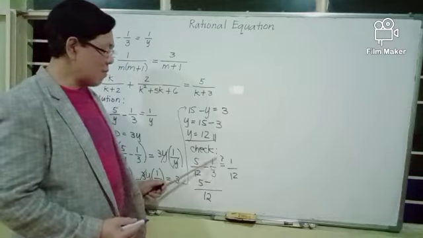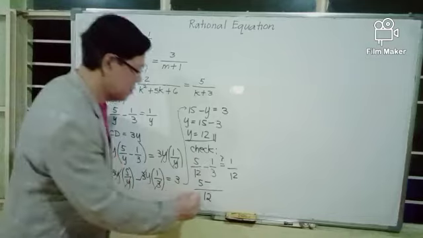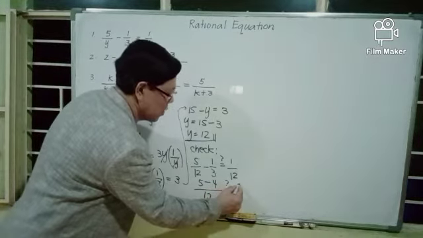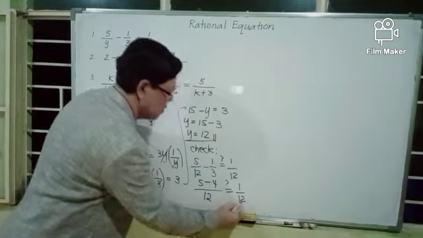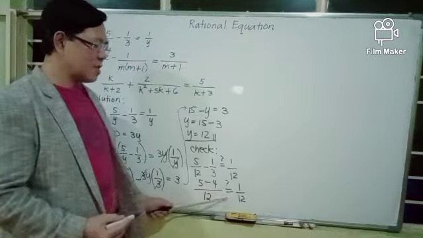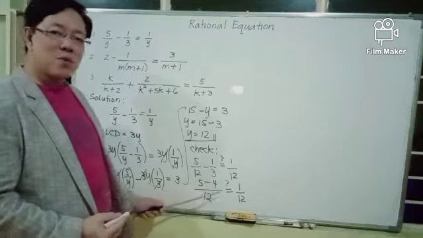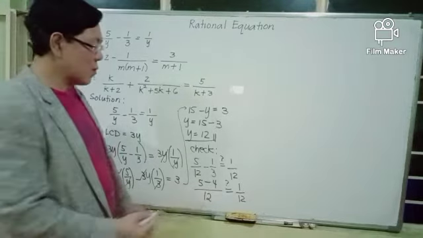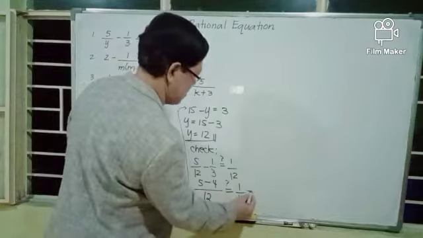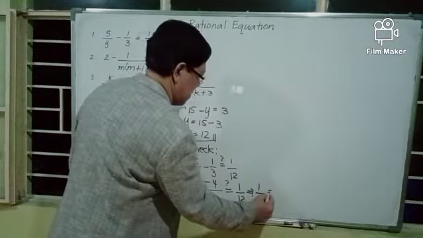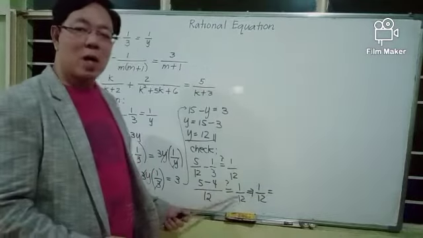And 4 multiplied by the numerator 1 is 4. We want to check if this quantity is equal to 1 over 12. And we have 5 minus 4 is 1 over 12. And it's equal to 1 over 12.